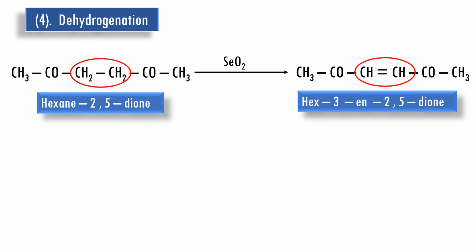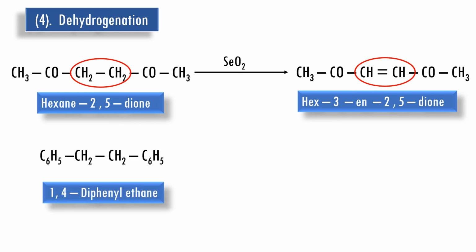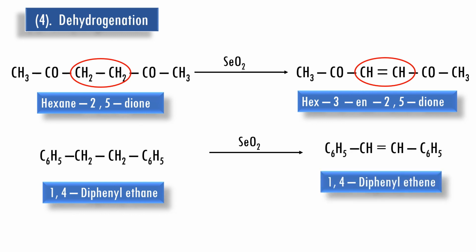In the second example, when 1,4-diphenylbutane is oxidized in the presence of SeO2, it is converted into 1,4-diphenylbutene. In these examples, the CH2CH2 linkage is converted into a CH double bond CH.